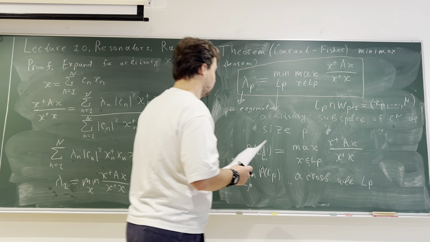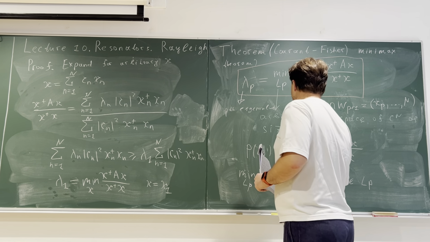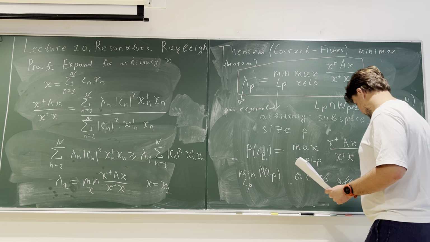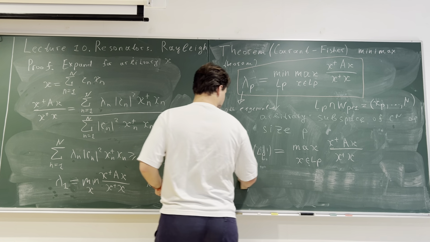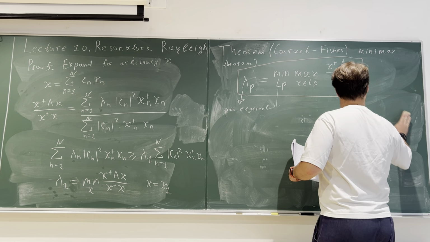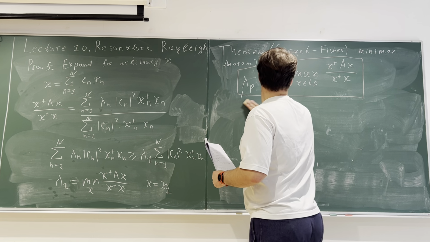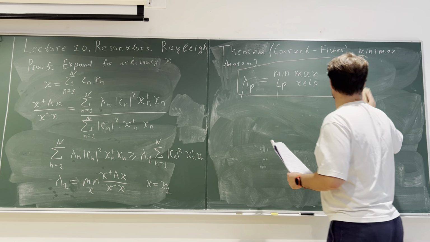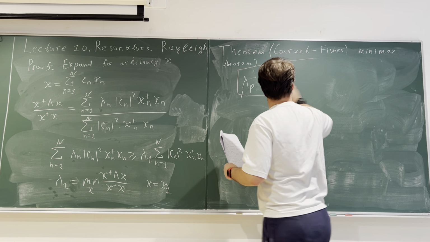Okay, so now we have this theorem and this theorem, but before we can apply it to the discrete wave problem, we should show how to deal with the generalized eigenvalue problem.